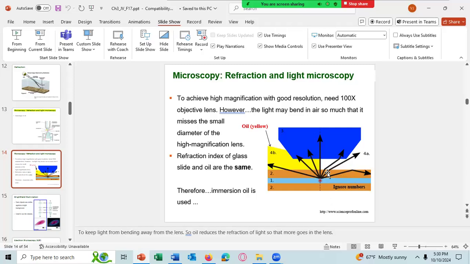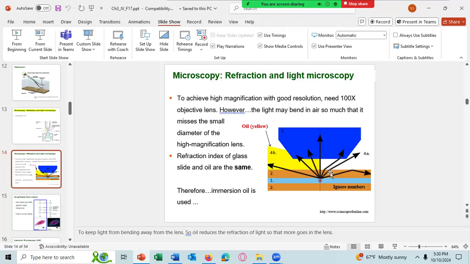That one is bent hard enough that it will not be captured by the objective lens, because it is bent away from the objective lens. That one is bent away, but not far enough that it cannot be captured by the lens. And this one happens to not be bent at all, and so it will be captured by the objective lens. Now, if you're using oil, all three of these light rays will be captured by the objective lens, and in the air, only two of them, this one and that one, will be captured.